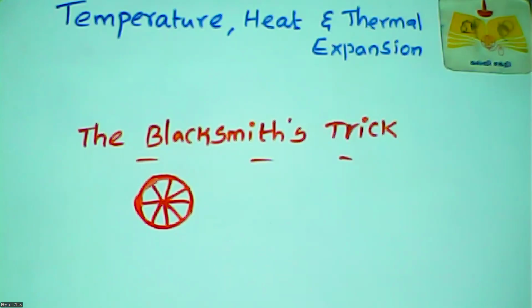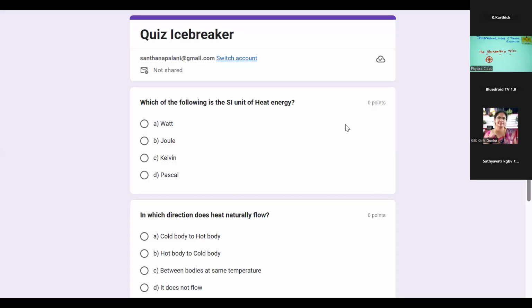Which of the following is the SI unit of heat energy? Option A, watt. Option B, joule. Option C, Kelvin. Option D, Pascal. You already knew about SI units.